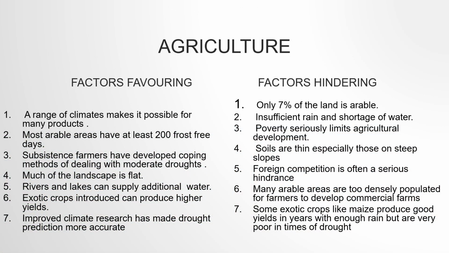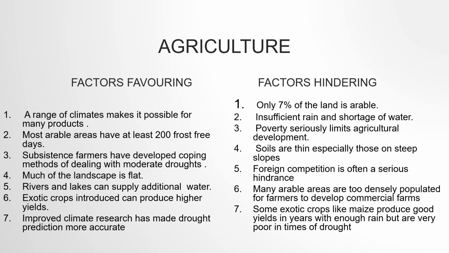To know and understand, especially in agriculture, are the factors that favor agriculture. So we have a range of climates, making it possible for many different products. Most arable areas have at least 200 frost-free days. Subsistence farmers have also developed coping methods of dealing with moderate droughts.